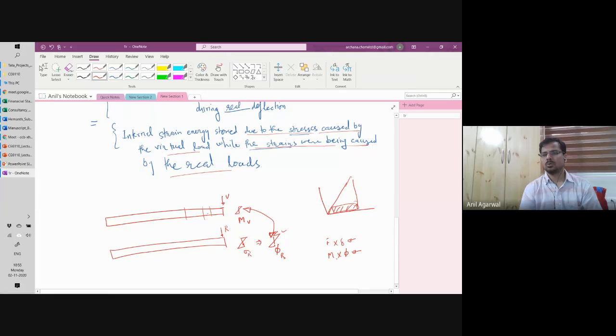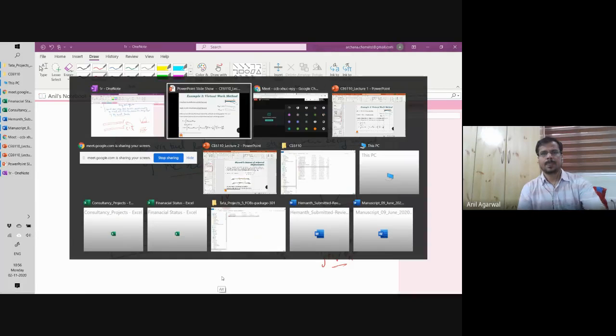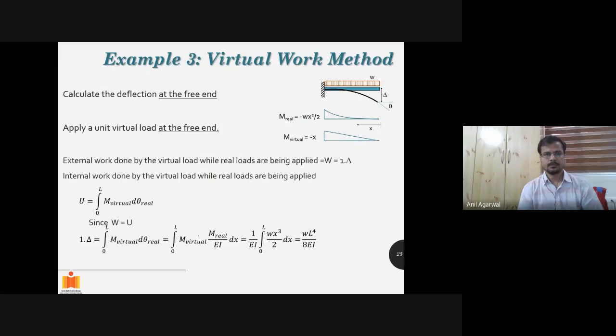Real curvature. So moment virtual multiplied by real curvature, and that you have to integrate over the length of the beam to get the overall energy.